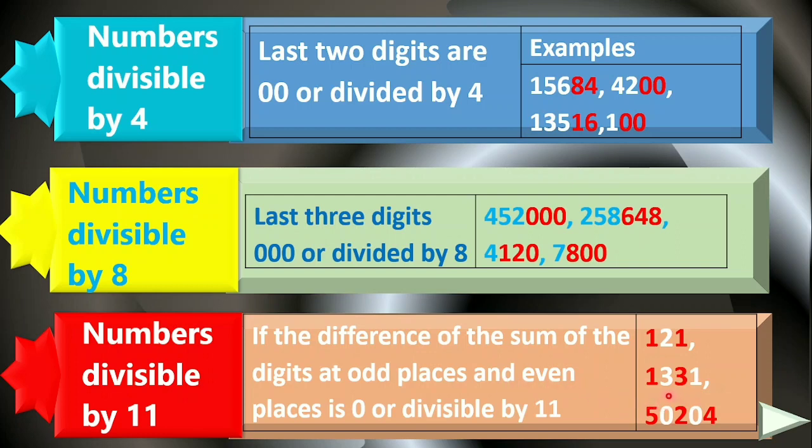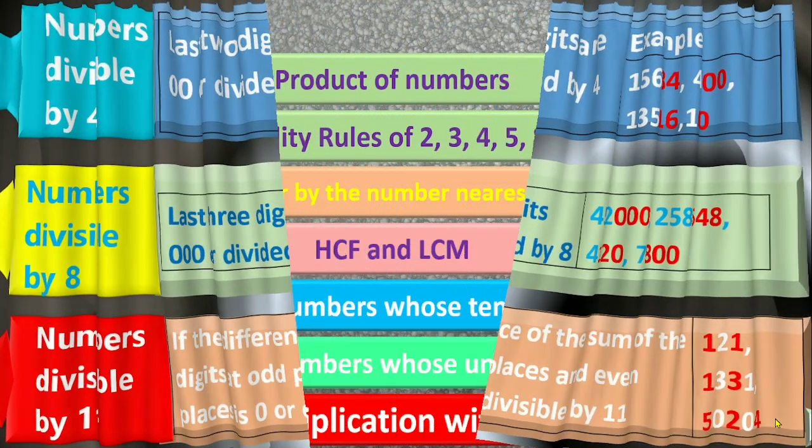And add even places, these are 0 and 0, and the difference is 11 minus 0 is 11. So 50,204 is divisible by 11.